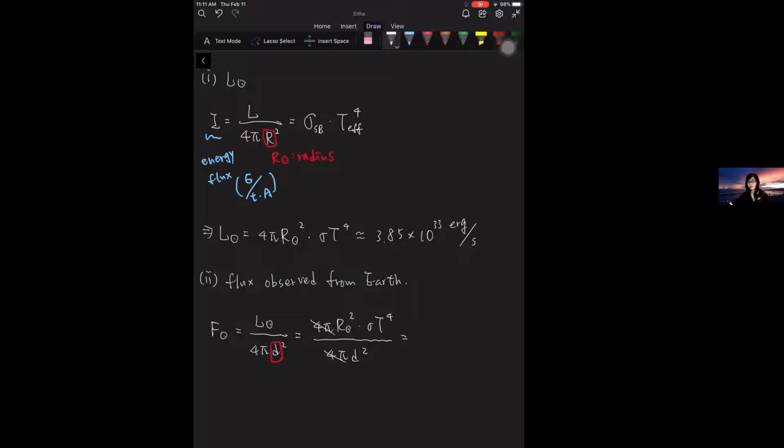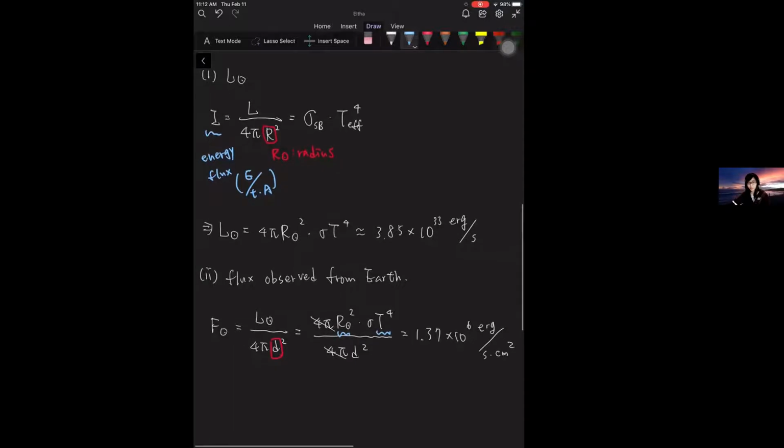Then we can calculate the flux, and it's about 10 to the 6th erg per second per centimeter squared. Okay, because these are given in the question, and the distance, the Earth-Sun distance, is just 1 AU, right?